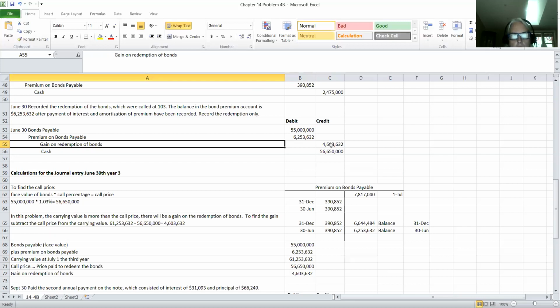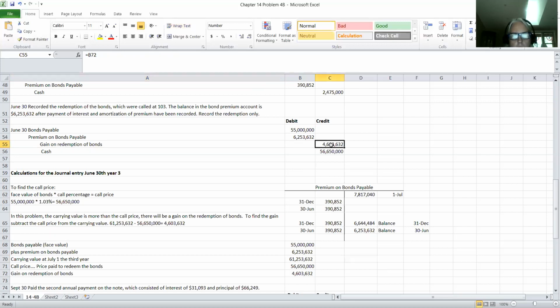So the gain on the redemption of bonds, you would find on the income statement under other revenue and other gains. This is an other gain here that we would be recording. So again, I've showed you how to get that amount of the gain here.